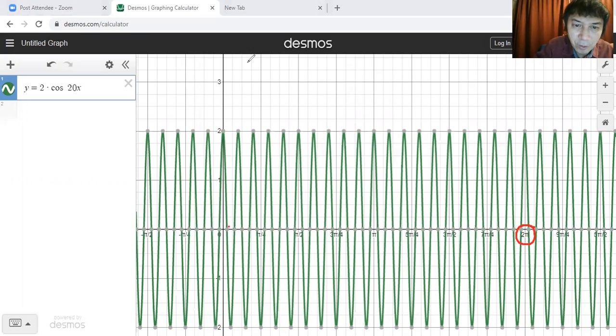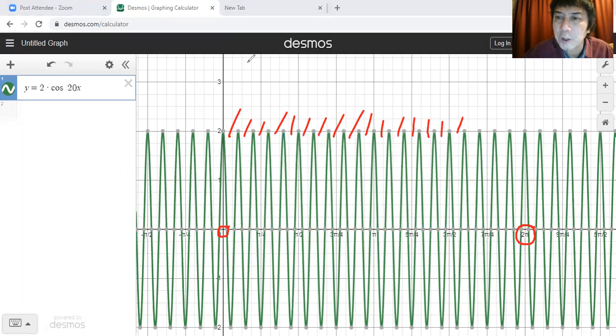So here's the 0, the point of origin, and then you can actually count that. 1, 2, 3, 4, 5, 6, 7, 8, 9, 10, 11, 12, 13, 14, 15, 16, 17, 18, 19, 20 cycles.